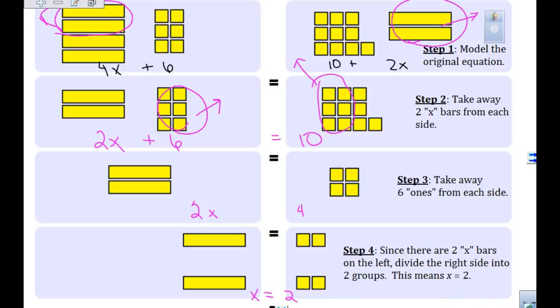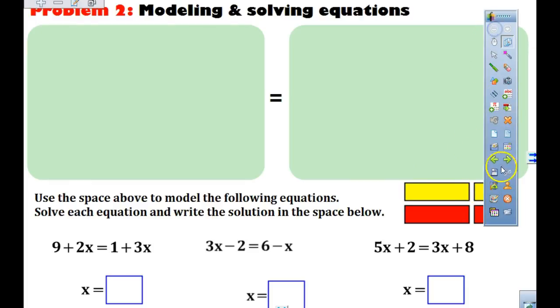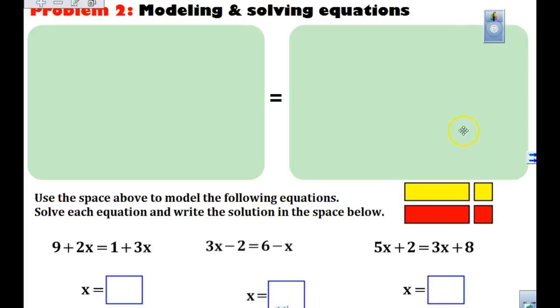So on the top of the next page of your notes, I want you to model this equation right now. You are going to do the 9 ones, okay? I don't want you to write anything down below. I want you to make your 9 ones plus your 2 x's. So move your tiles. Both of you should be doing this.